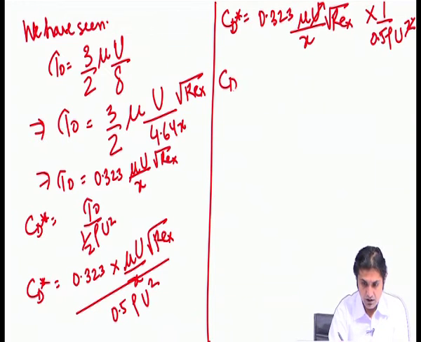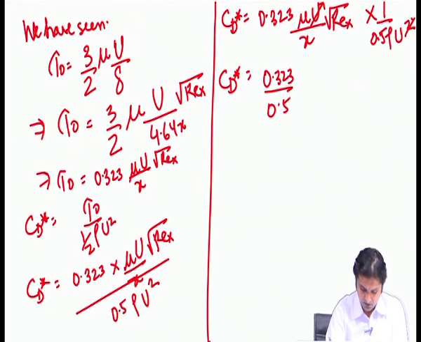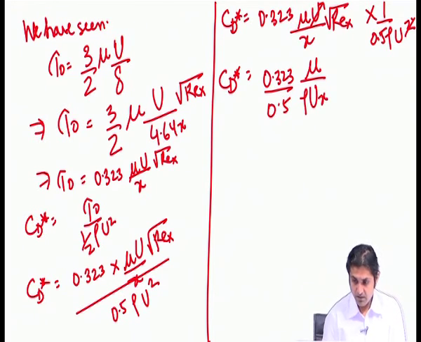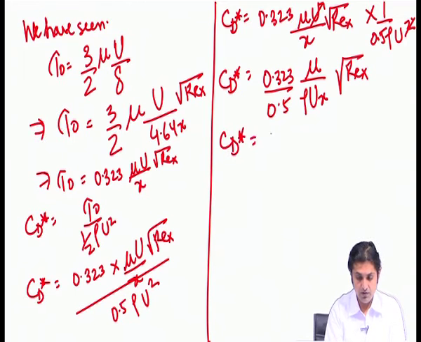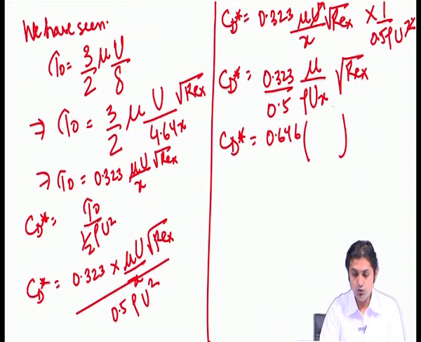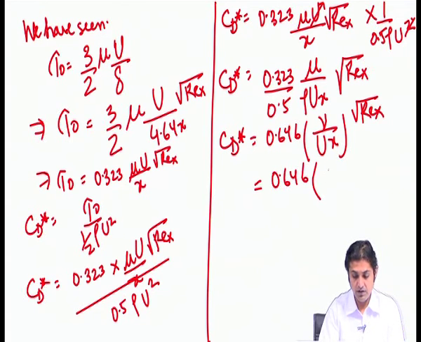So C_D star can be written as 0.323 divided by 0.5 mu by rho capital U x under root Re x. So C_D star is 0.646, and now this mu by rho is nu, and this is the Reynolds number.